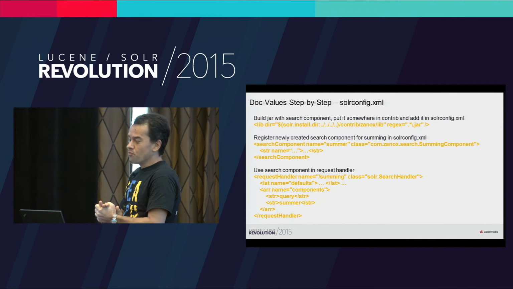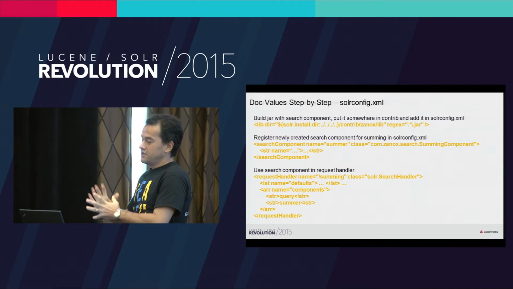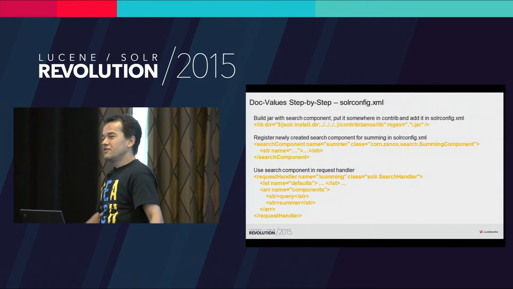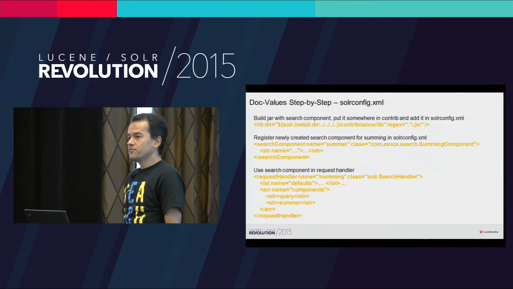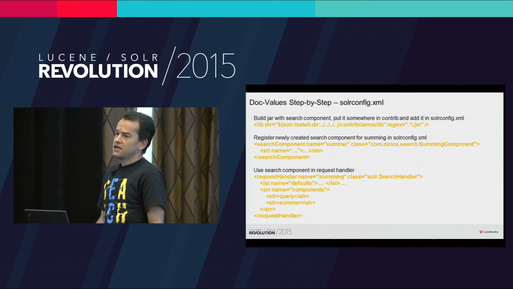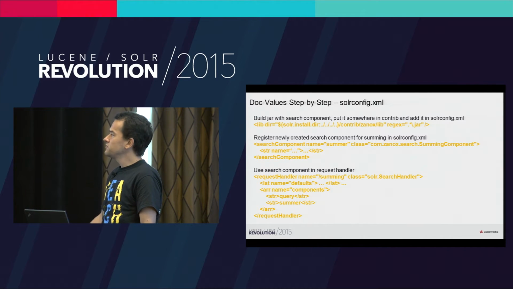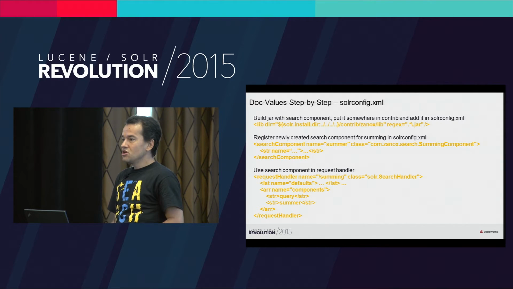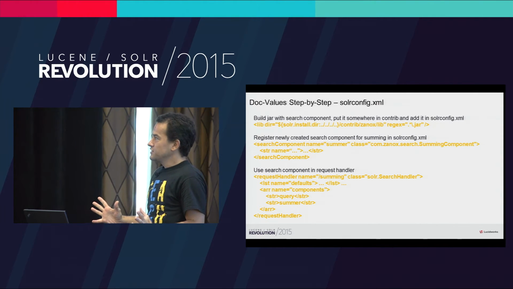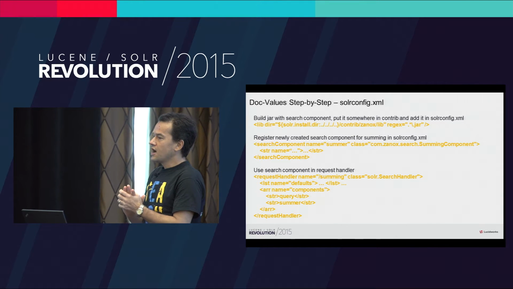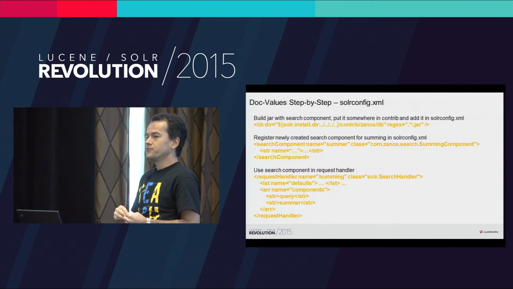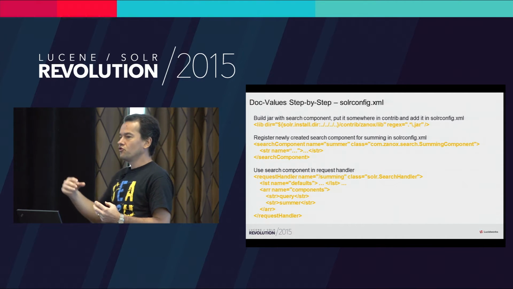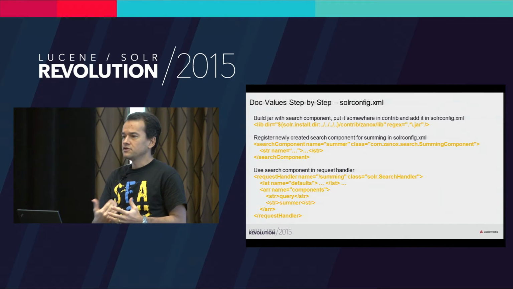When I have the search component, I have to build a jar that I am putting on a class path. And I can then declare the search component with a given name and use that search component in a request handler. And that's more or less everything when we are talking about how I can use doc values in SolrCloud and how I'm writing the search component that is performantly accessing those doc values and doing everything on the server side.